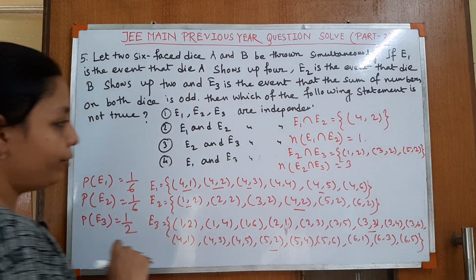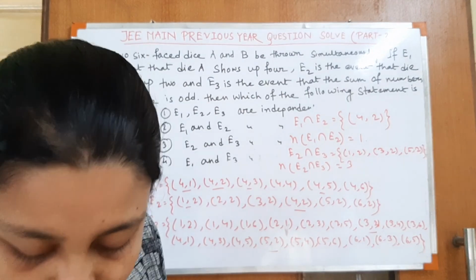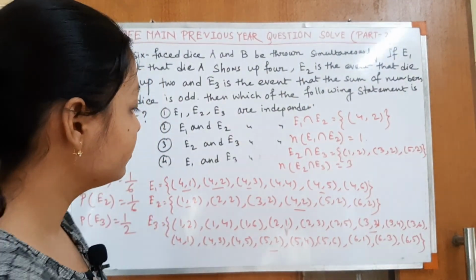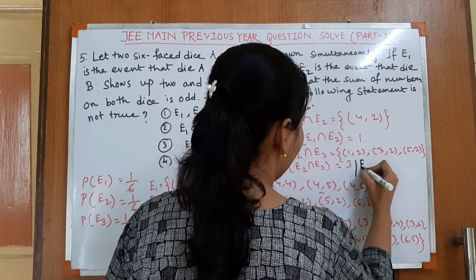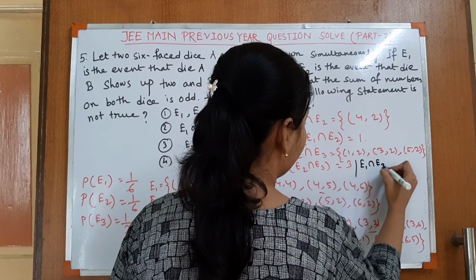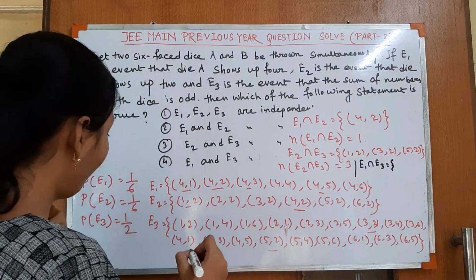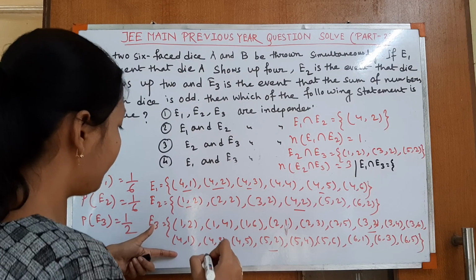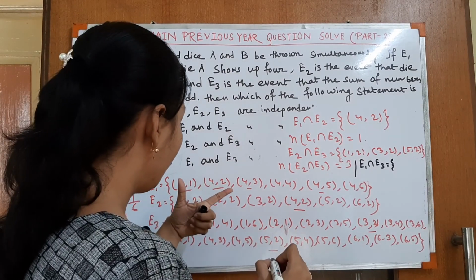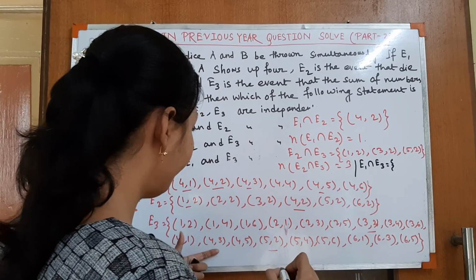Now we have to find E1 intersection E3. We get the common elements between E1 and E3: (4,1), (4,3), (4,5).